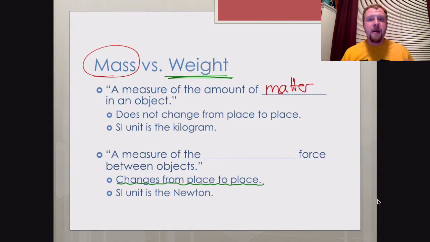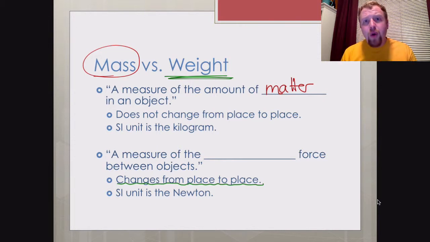Every large body of matter in our solar system and in the universe has gravity, even you and I. We just don't have enough of it to be measurable. The Earth, being a huge, massive block of rock and magma and all kinds of good stuff, has a lot of gravity. So it makes it so that we have weight.